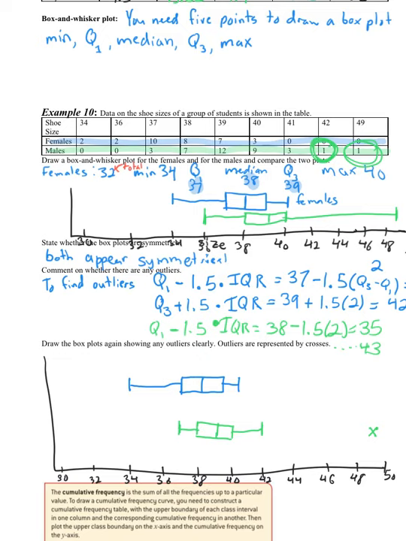You could say, hey, this is the min. There's my Q1, my median, my Q3, and my max. That's where our points are represented on the graph when we're drawing them. You don't need to label that, but that's just a quick reminder of our 5-number summary and how we're finding those 5 points.